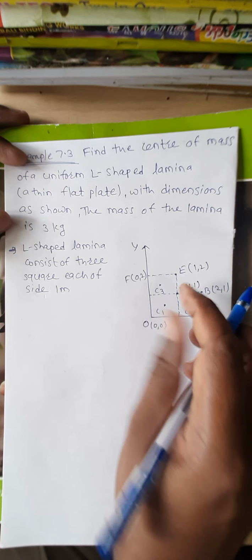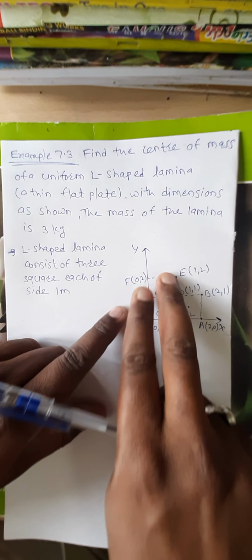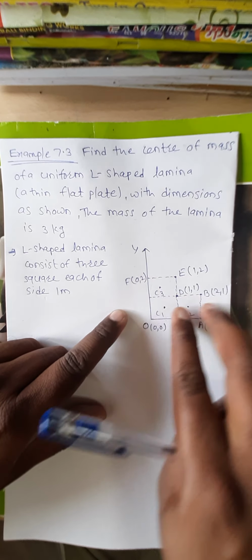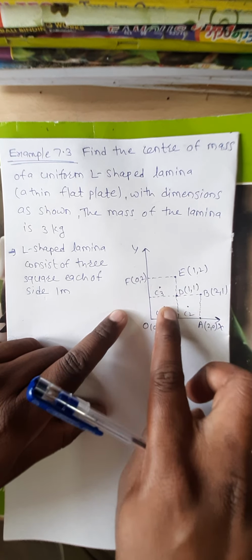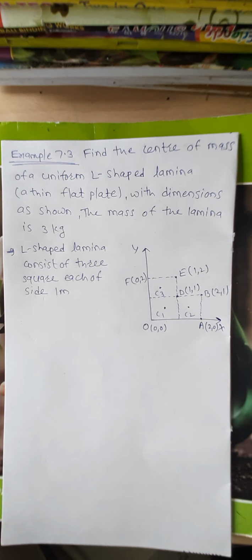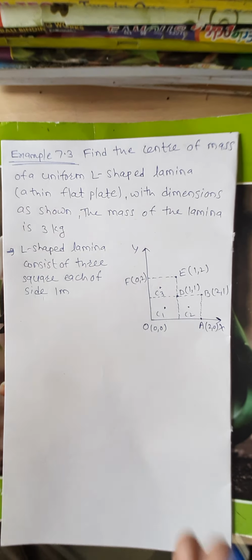Now this is the L shape. This is the L-shaped lamina, and it consists of 3 squares.